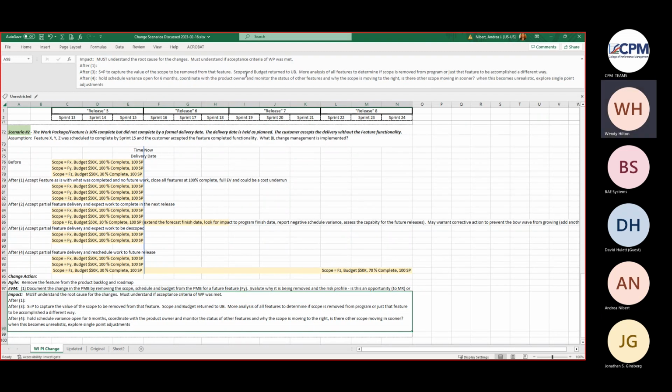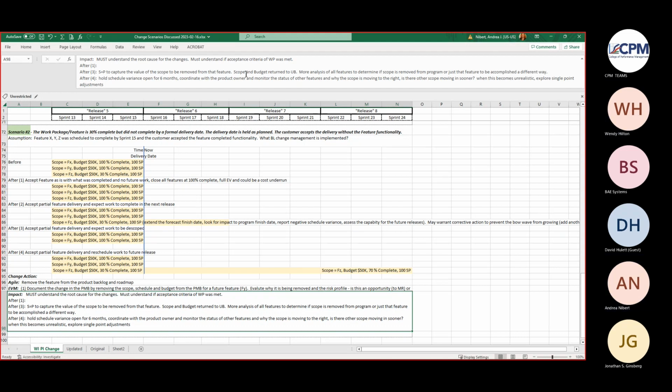Those are good words, but at the end of the day, you're still de-scoping. Even if it's to be done another way, if the scope is removed, scope is removed. Right? Correct. And it's returned to UB. Yep. And it remains as scope and budget in UB.